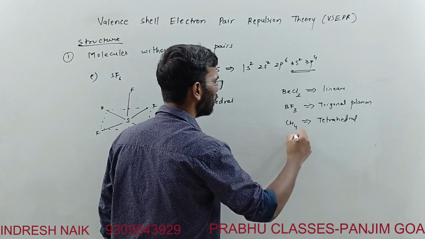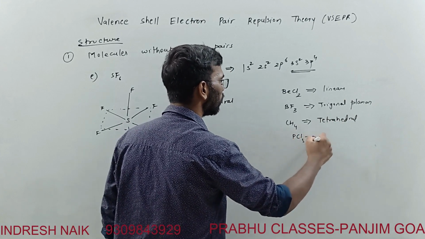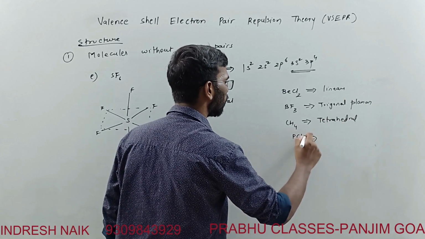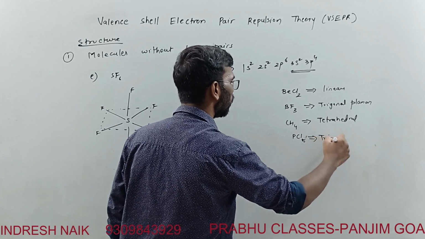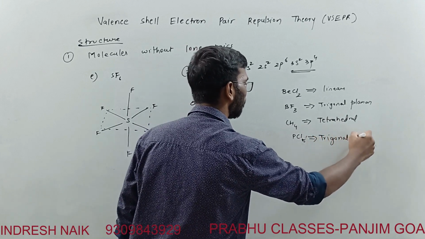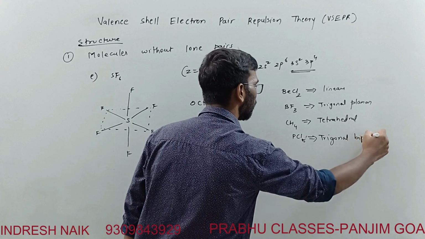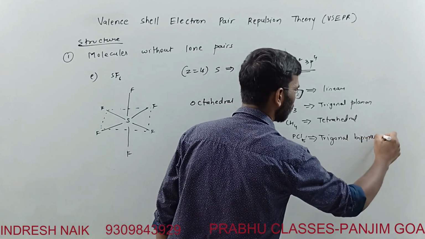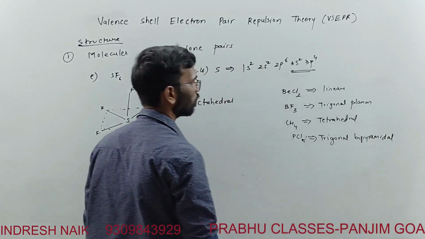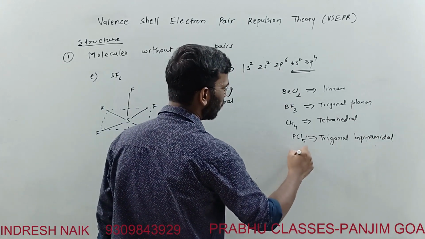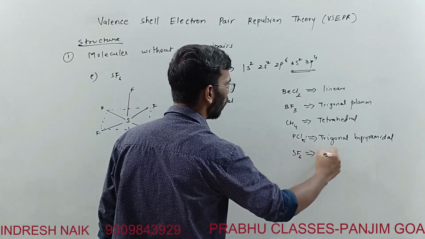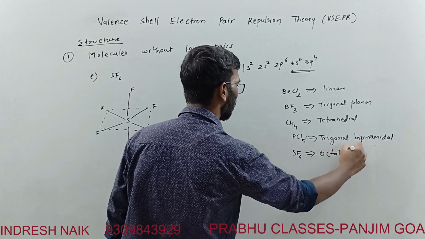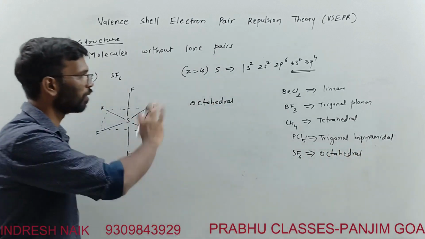And PCl5 is trigonal bipyramidal. And SF6 is octahedral. Okay, this is the thing.